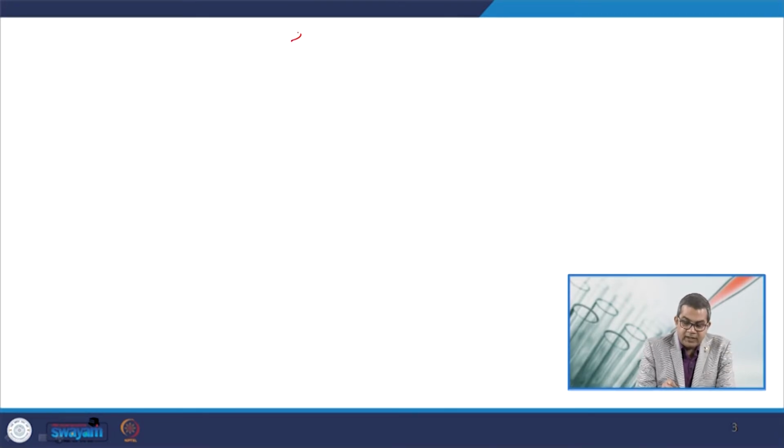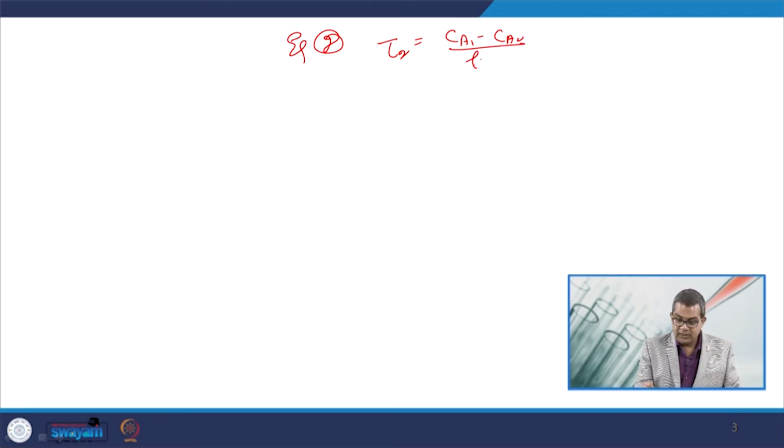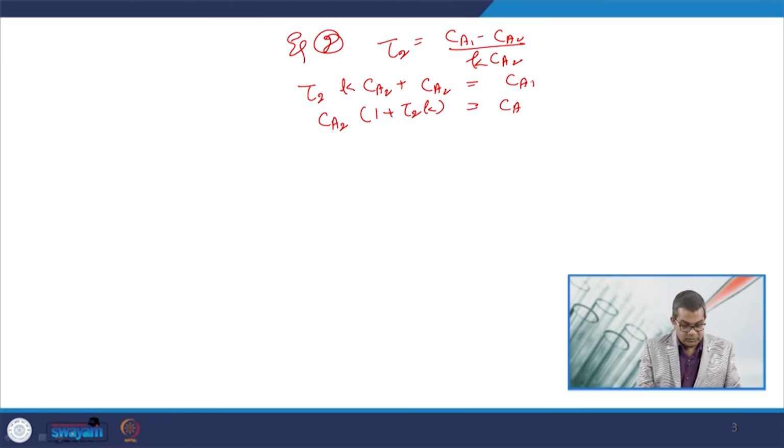Now if we take equation 2 into cognizance, then tau 2 is equal to Ca1 minus Ca2 upon K Ca2, so tau 2 K Ca2 plus Ca2 is equal to Ca1, that is Ca2 into 1 plus tau 2 K is equal to Ca1.